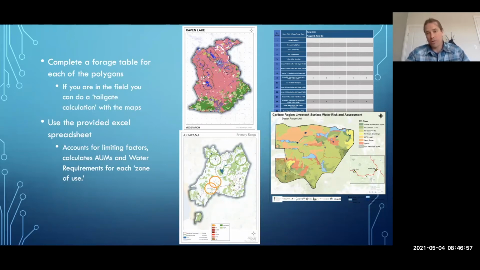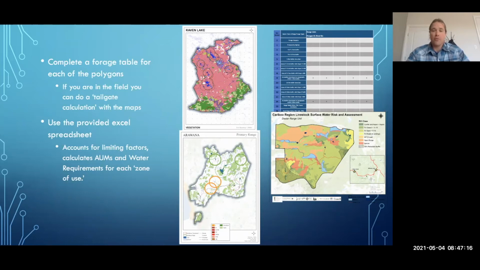There's been a lot more work done in terms of collecting information for forage, like destructive sampling, or our range types have more certainty in those areas, and so we're able to create a better map. So the stronger our map is, the stronger the information that goes into the spreadsheet is.